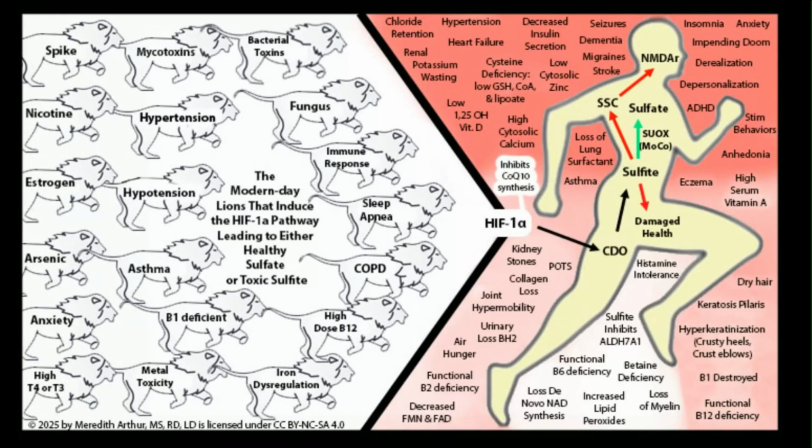So these are the modern day lions, all of these over here, that induce the hypoxia pathway, and that can increase CDO expression and activity, and that can lead to more sulfite, specifically in the cytosol. And then that could put a burden on glutathione, but also that sulfite can move to the mitochondria and it can be made into sulfate via sulfite oxidase enzyme.